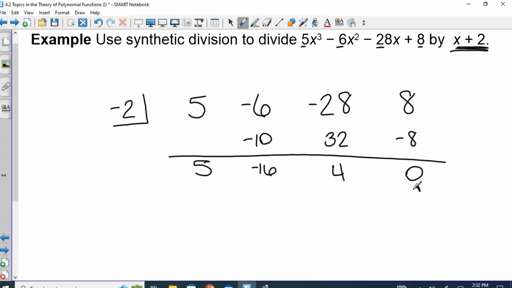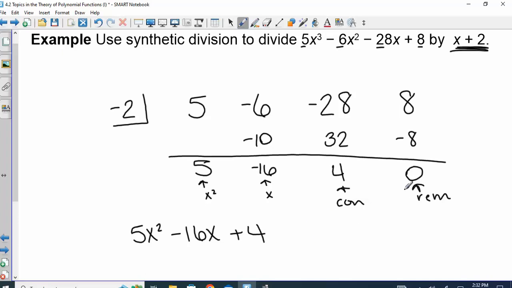This last number is a remainder. This is our constant. This is x, x squared, it would keep increasing. So my actual answer is 5x squared minus 16x plus 4. My remainder is 0, so I don't have to have that.